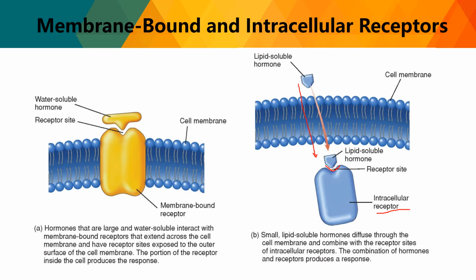But for lipid-soluble, or mga fat-soluble natin na mga hormones, since fat din si cell membrane, they can just cross, lalo na yung mga maliliit na type of lipid-soluble hormones, they can just cross the cell membrane and then sa loob na sila mag-a-attach dun sa kanilang mga intracellular receptors. Okay?